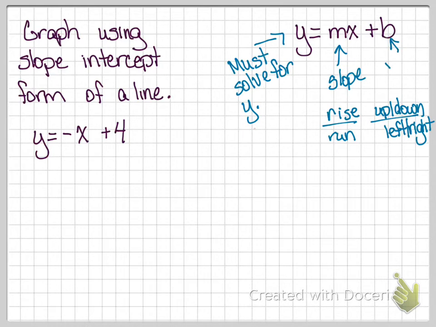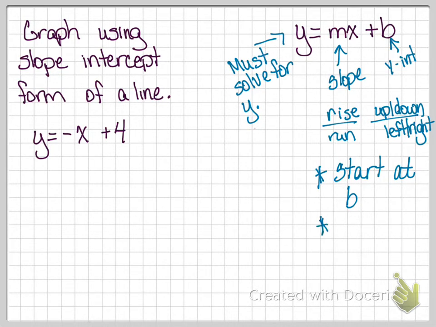B is my y-intercept. So, the very first thing that you do is you start at B. You're going to identify what your y-intercept is, and that's where you're going to start.